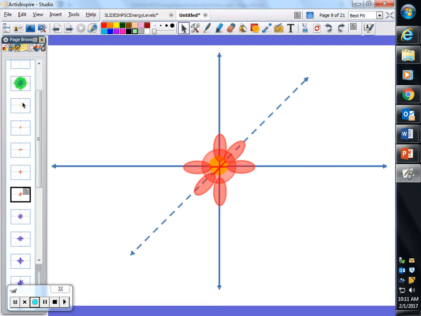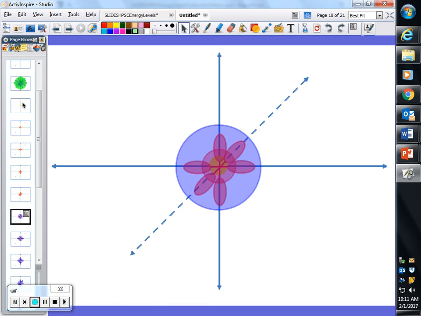That's what all the orbitals that have the same color are like. They have similar energy, not all exactly the same, but similar. And then when we move outside of that area, now we have a different energy. Higher up, farther from the nucleus, higher energy.